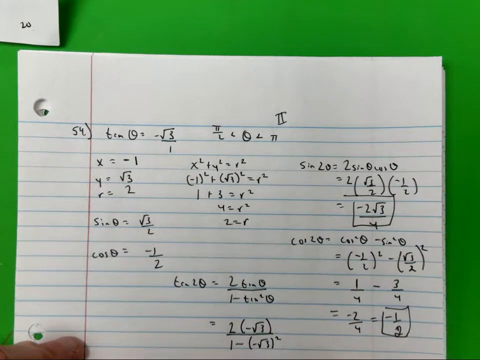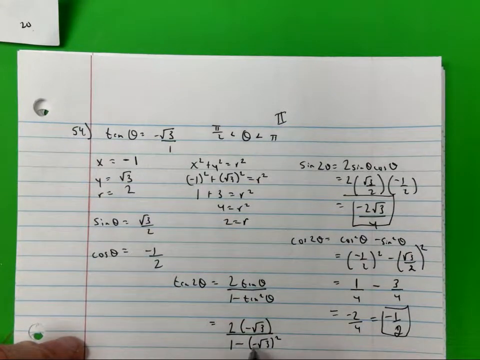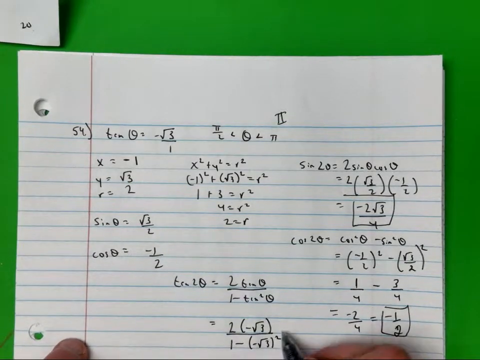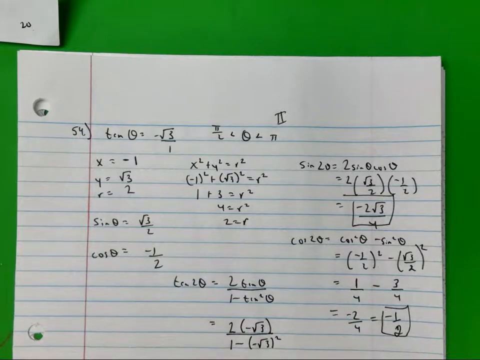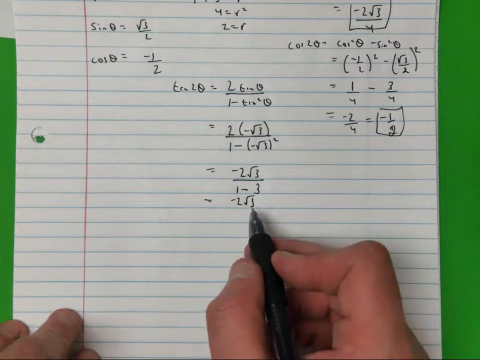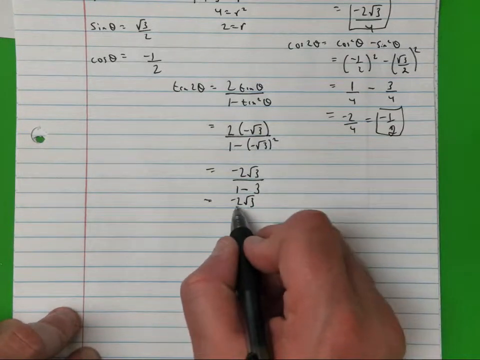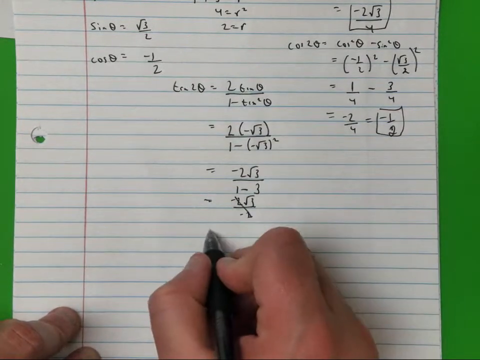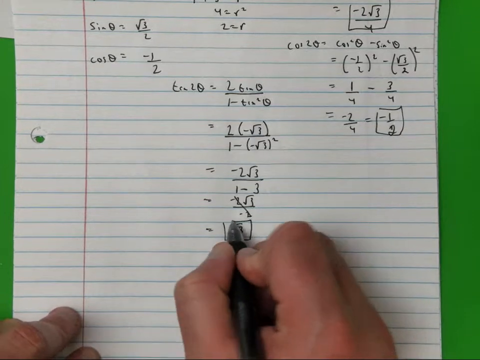That gives me negative 2 square root of 3. 1 minus, that's going to give me just a 3, positive, because negative squared is positive, square roots cancel out. So I'm left with negative 2 square root of 3 over negative 2. These cancel out. I'm left with square root of 3.